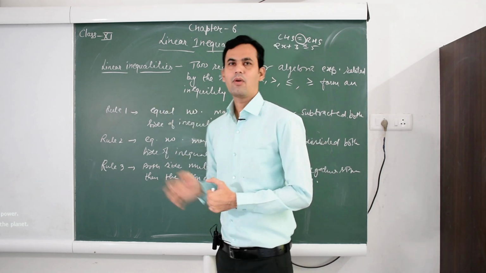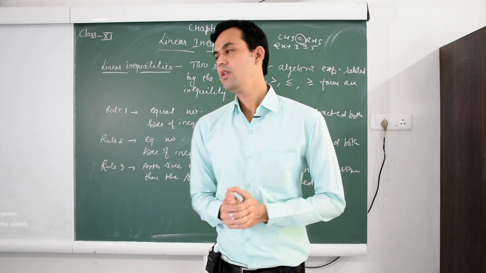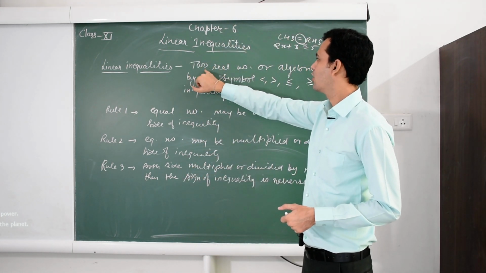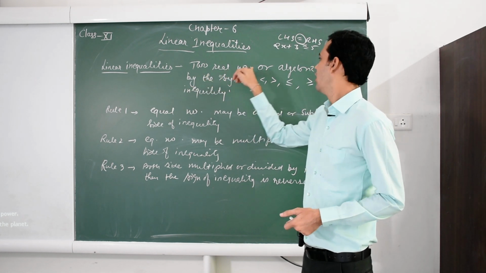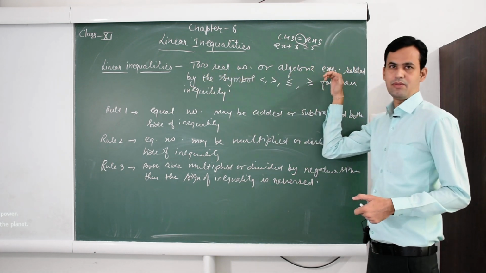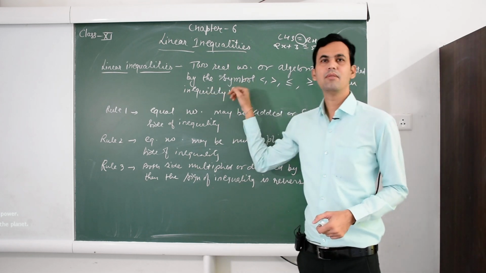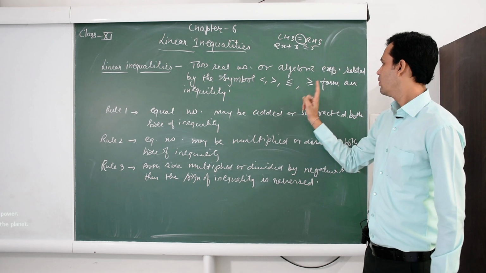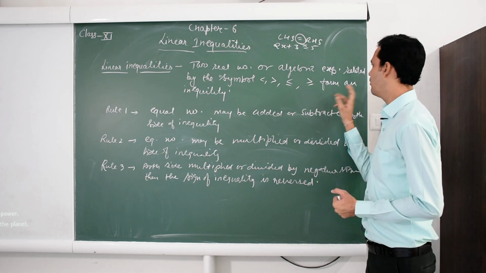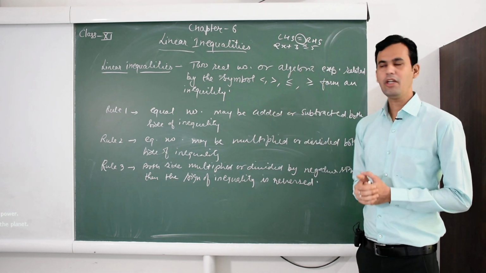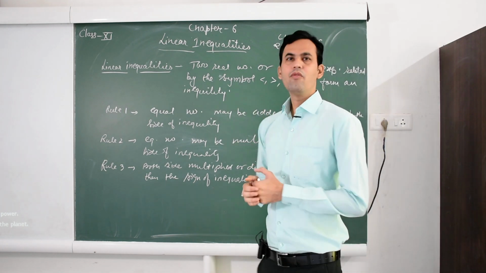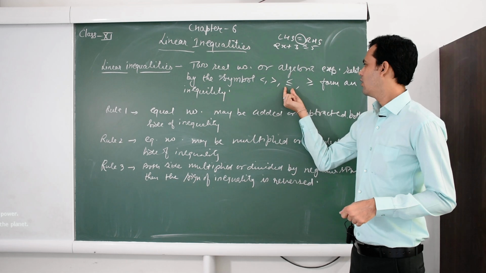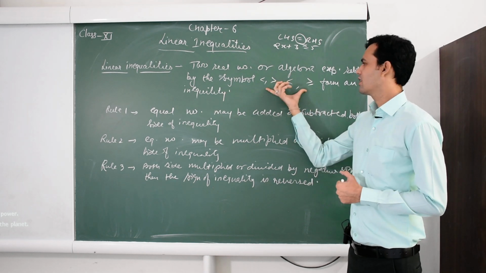So what is the definition of linear inequalities? Two real numbers or algebraic expressions related by the symbols less than, greater than, less than or equal to, or greater than or equal to form an inequality. It means in this chapter we have questions with these four signs.